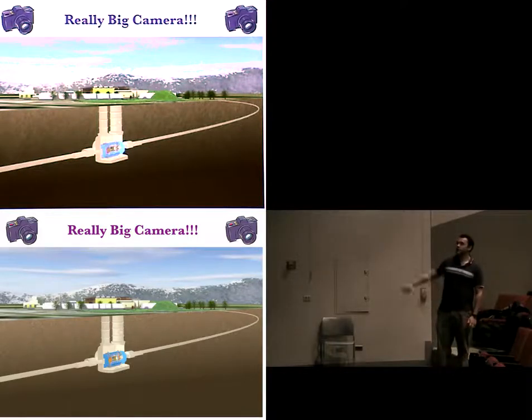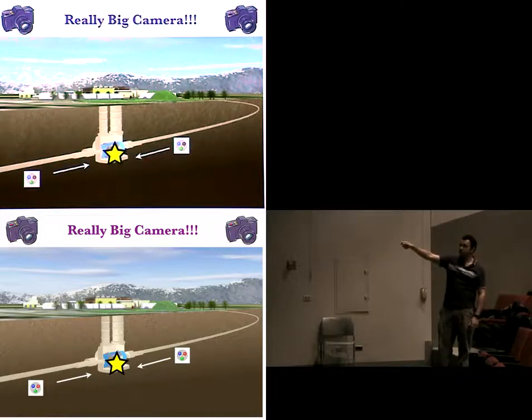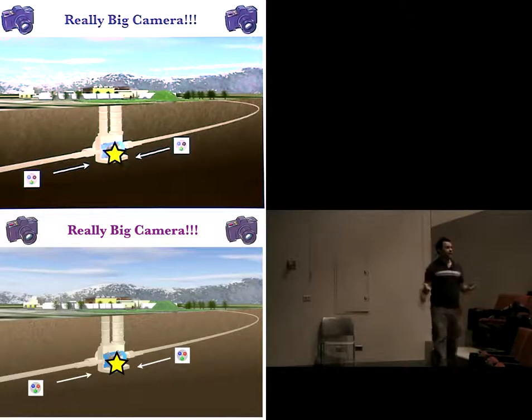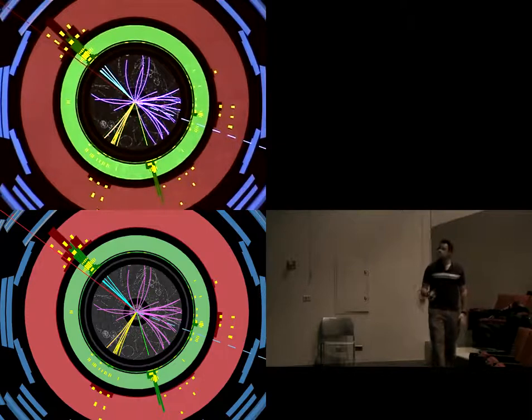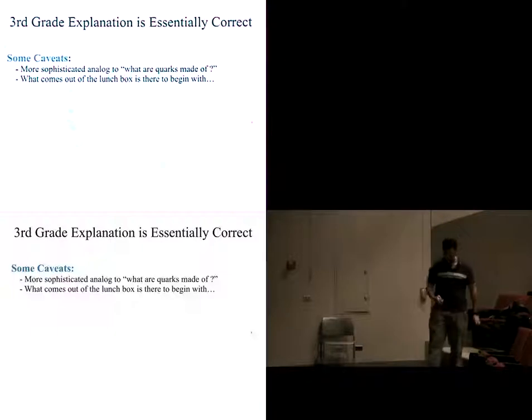And what we do is we bury the camera underground as well, and we put it right in the middle of the two cannons, and so we shoot these protons at one another, they collide in the middle, and we take pictures of what comes out. Okay, an example of a picture looks like this. So the collision is happening in the center here, and all the stuff is coming out, and we take pictures that look just like this.